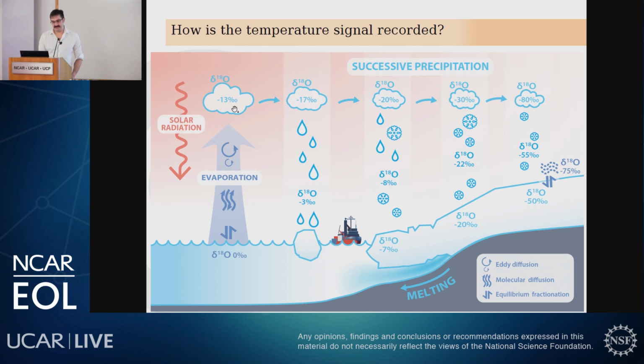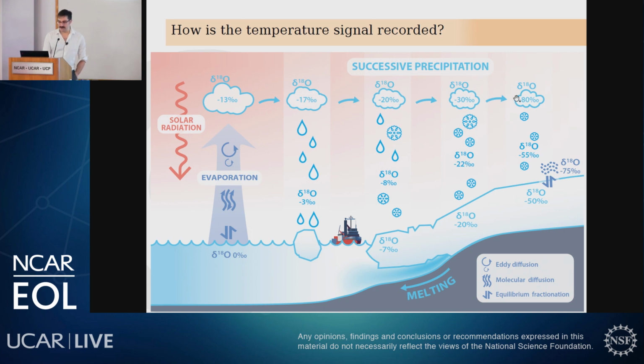Then you have advection of the air masses towards the polar region. It gets colder, so it starts to rain and then to snow. And each time you get preferentially heavy isotopes in the condensed phase compared to the vapor phase.